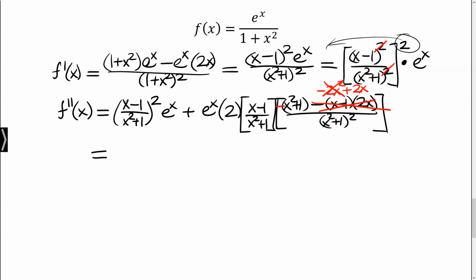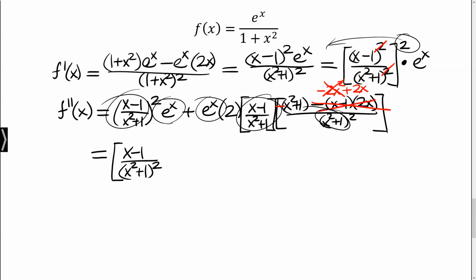Now, what's the most that we have in common? Well, we certainly have e to the x. We have an x minus 1 over x squared plus 1 all to the first. And I think that's about it. Oh, actually, no. We have another factor of x squared plus 1 here. So all of this times e to the x times, now what's left over?